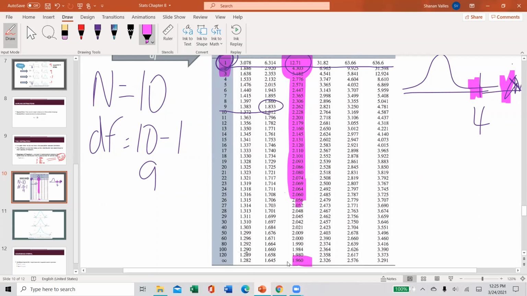I never showed you this, but on the normal distribution, you could go back and look it up to find that extreme 5%. Those z-scores are 1.96, and that separates off the extreme 2.5%.